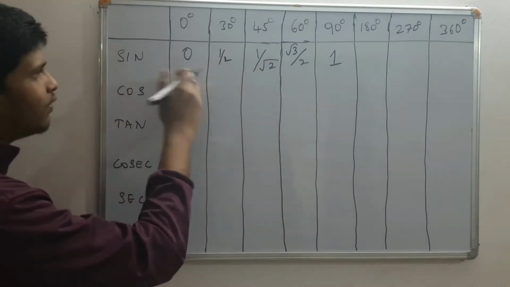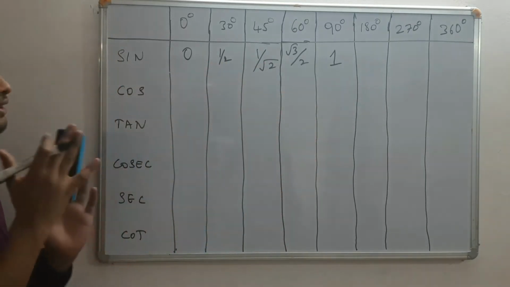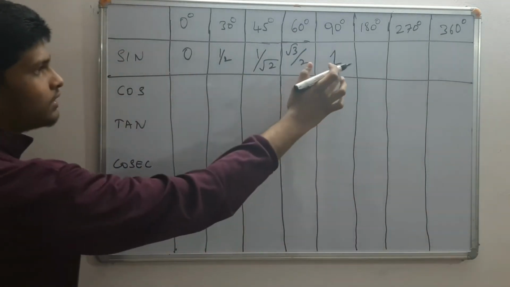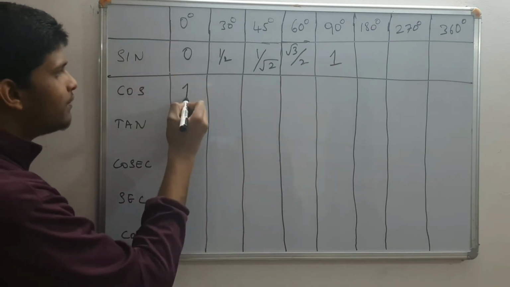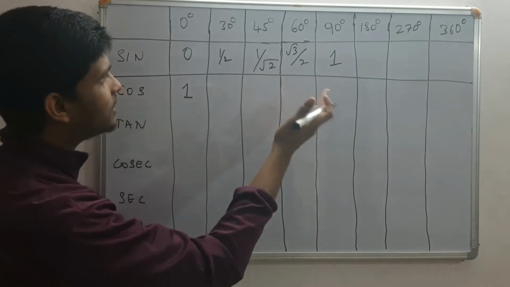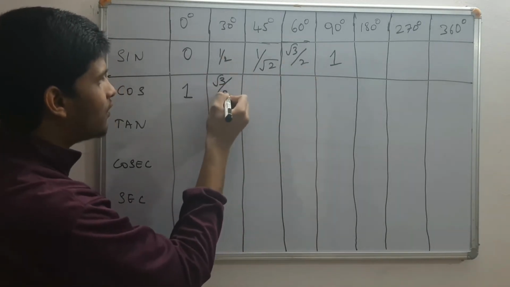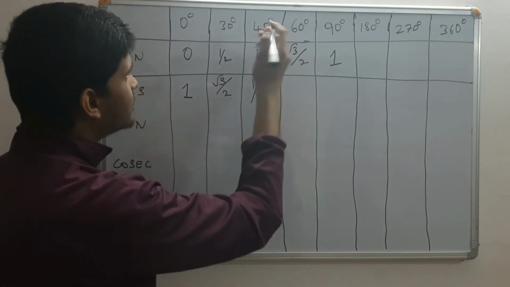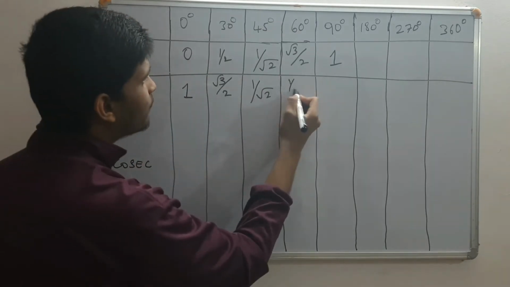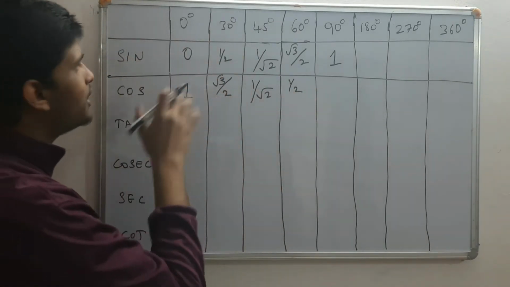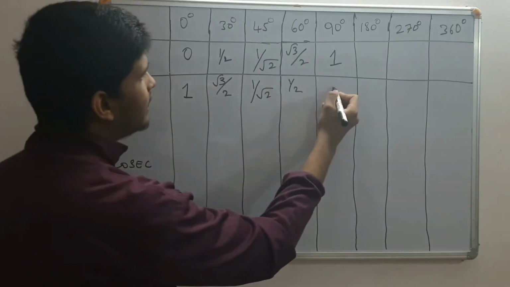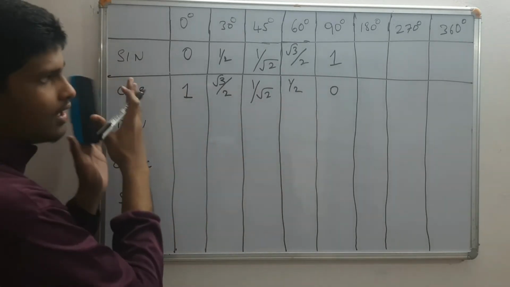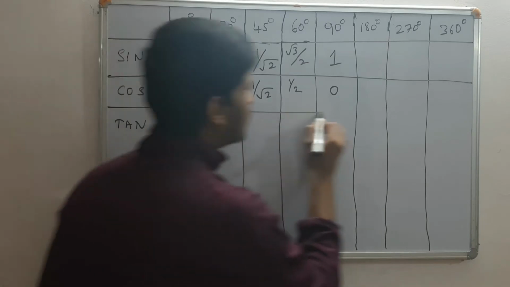Reversing the values from 90 degrees to 0 degrees gives cos from 0 degrees to 90 degrees: 1 for cos 0 degree, root 3 by 2 for cos 30 degree, 1 by root 2 for cos 45 degree, 1 by 2 for cos 60 degree, and 0 for cos 90 degree. So we just reverse the order of sine values to get the cos values.